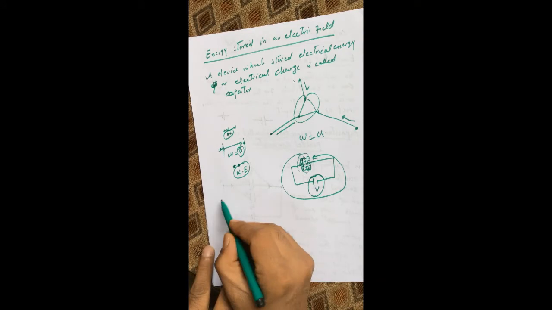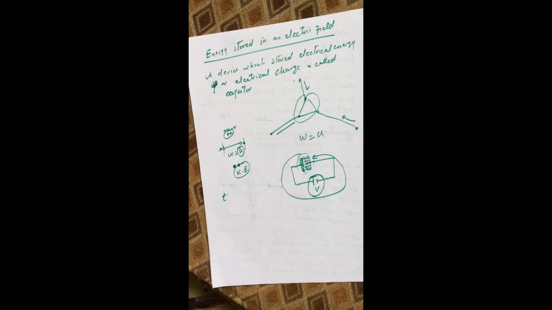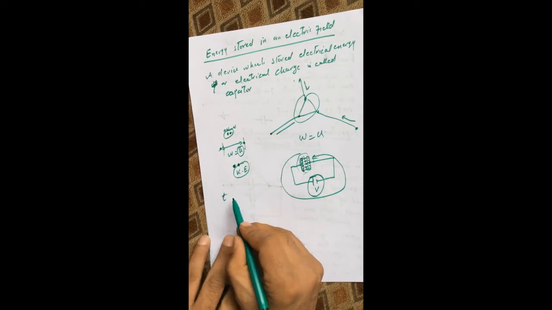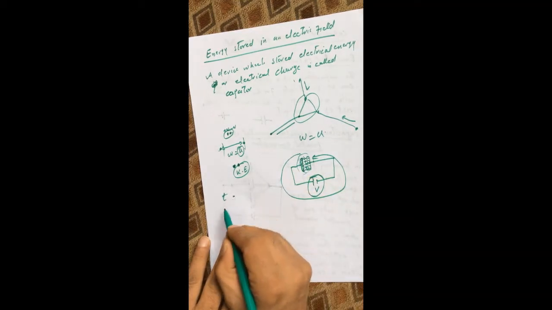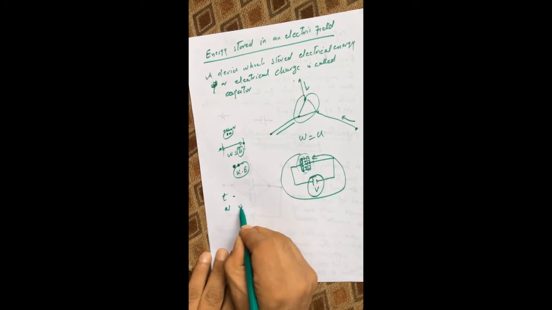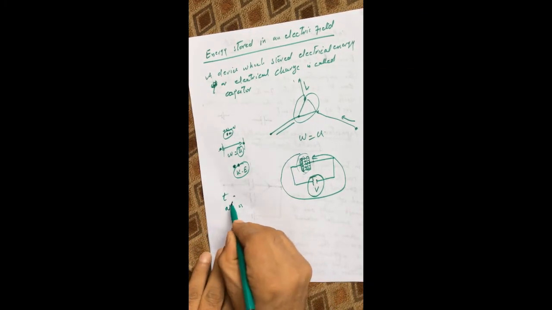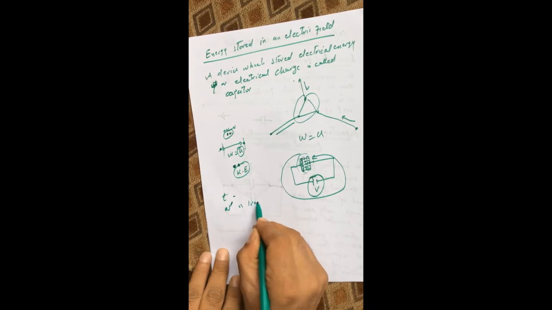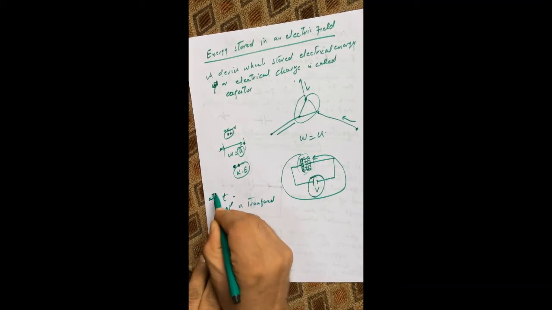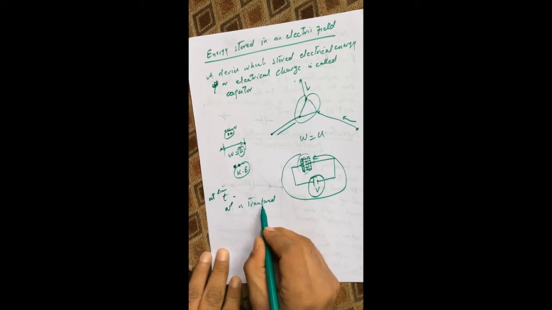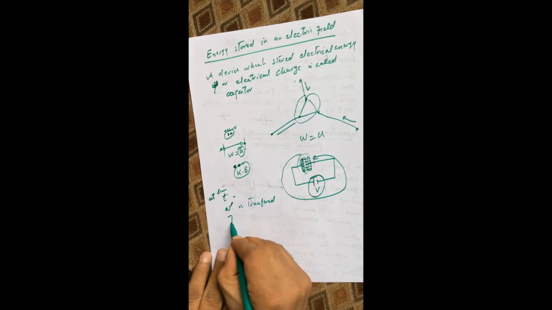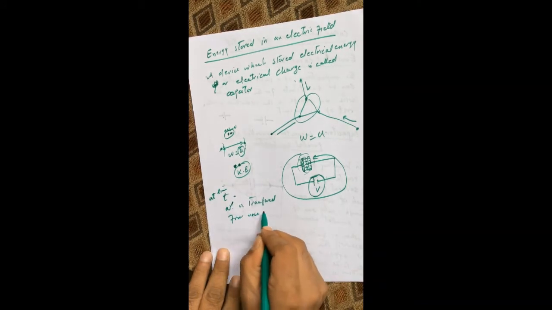Now suppose that at time t, a charge q prime has already been transferred from one plate to another plate.